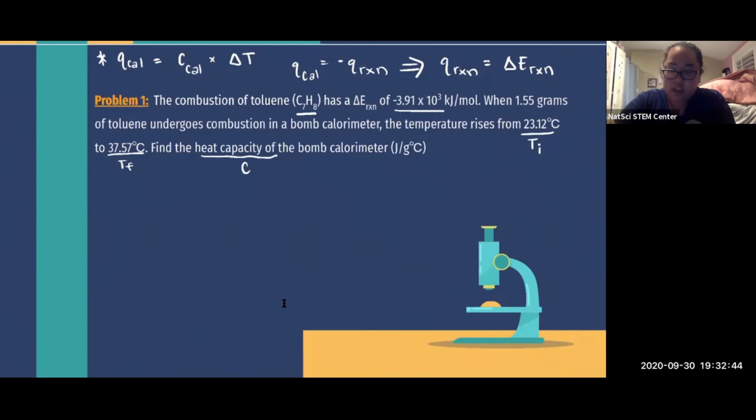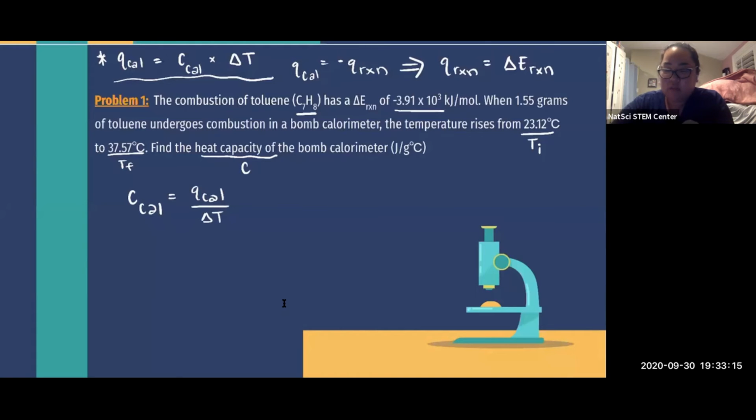Given this information, we're going to draw a relationship. If we rearrange this, we can get Ccal on one side, where it's Qcal over delta T. But we also know Qcal is equal to the negative Q of the reaction.